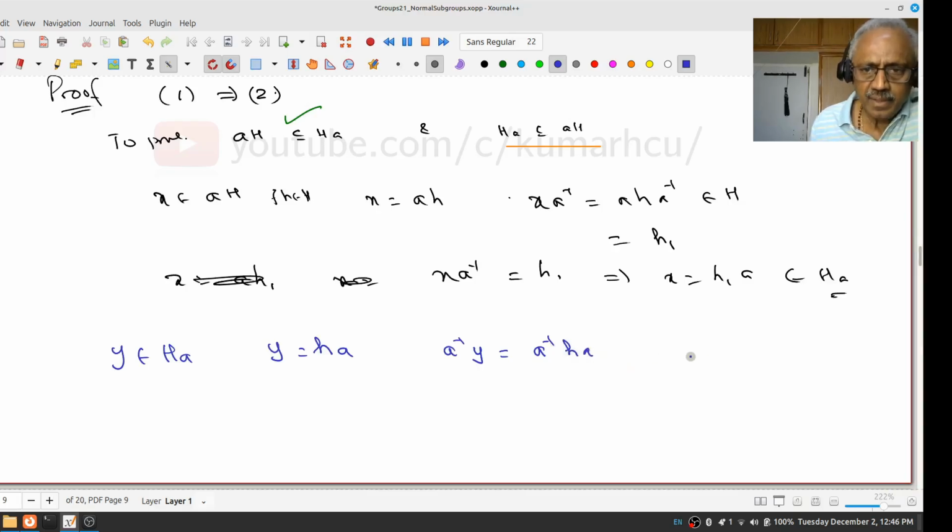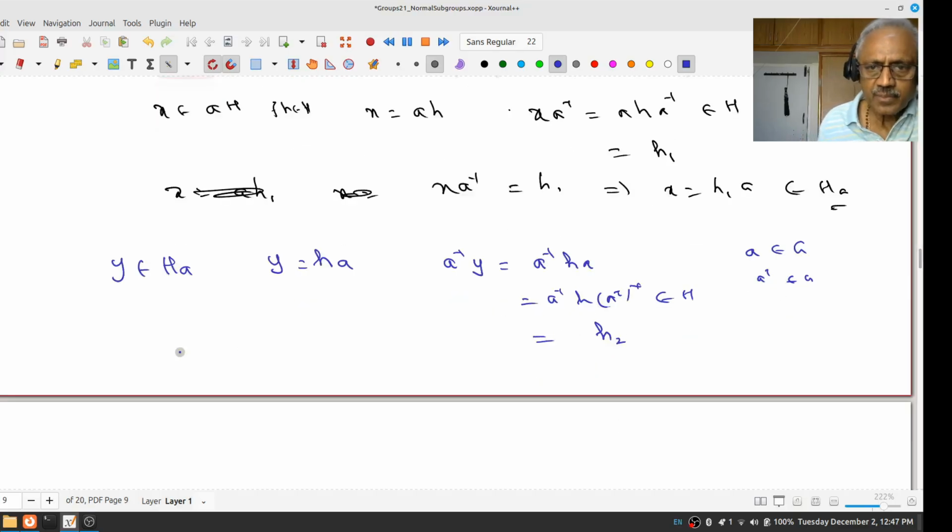And remember, if A is an element of G, A inverse is also an element of G. Therefore, this is A inverse H (A inverse) inverse, so it has to be an element of H. Call this element H2. Therefore, A inverse Y is H2. So, multiply both sides on the left by A. Therefore, Y equals AH2. Therefore, Y belongs to AH.